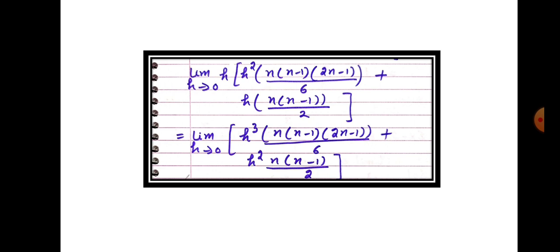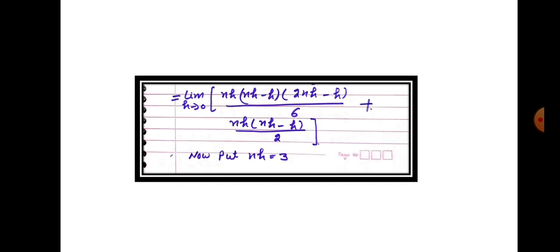Wherever we have an extra n in the numerator, that will become h. So like this, limit h approaches 0 of (nh)(nh minus h)(2nh minus h) divided by 6 plus (nh)(nh minus h) divided by 2. Now put the value of nh as 3.